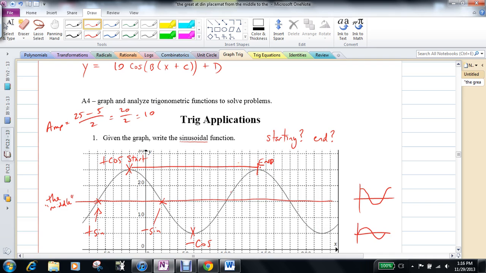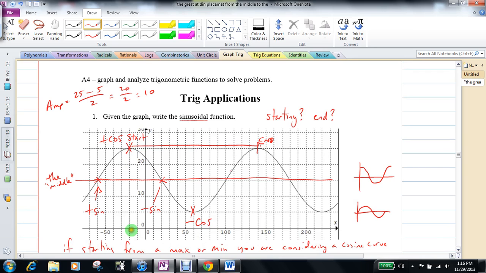So my period, in this case, runs from negative 20 all the way over to 140. So my period is equal to 160. I've traveled from negative 20 to 140. That's 160 units of travel.